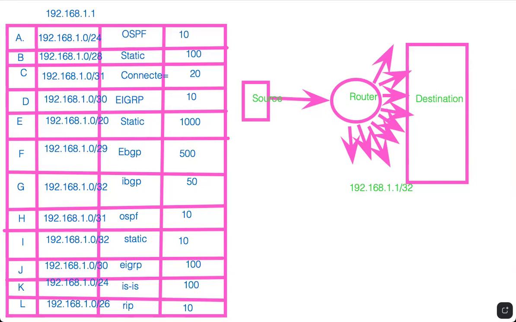Don't just put what is the best route, put the order from best path, second best path, third best path. Let's say if your best route is E, the answer starts with E, and the next route is G, then next I, like that.